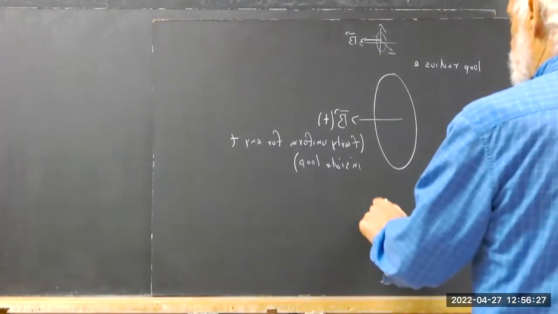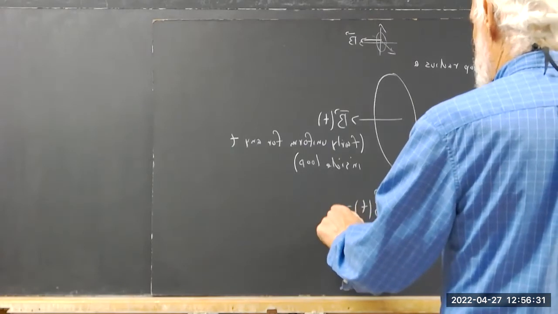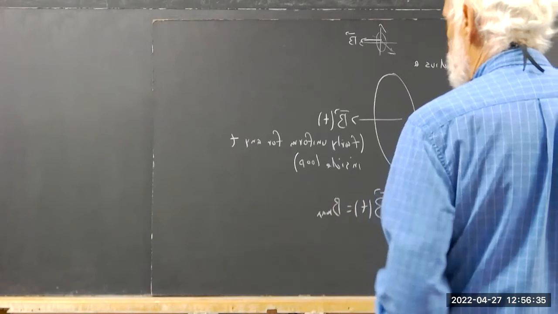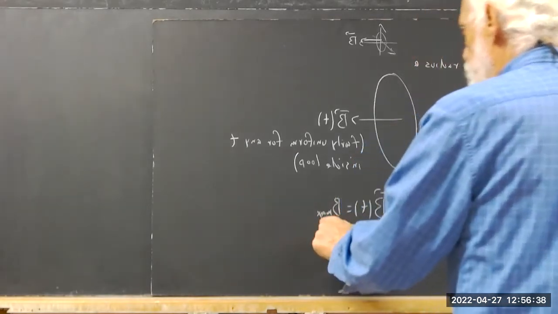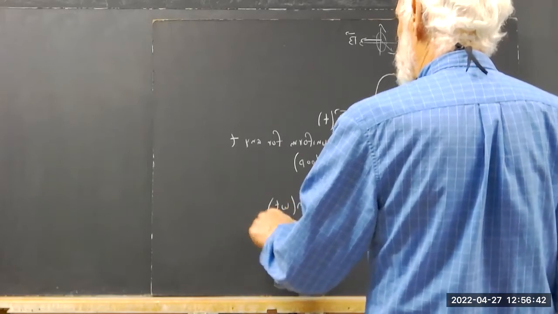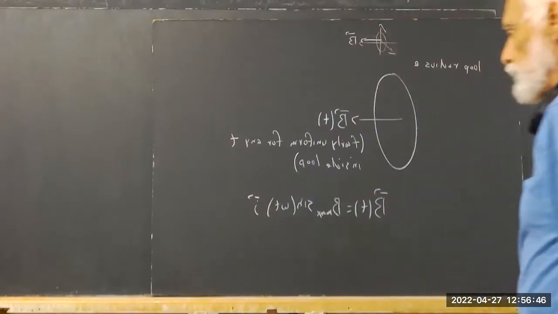Let's say then that B of t equals B max sine of omega t times your J vector.